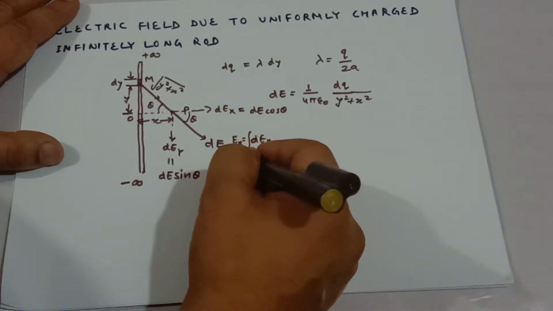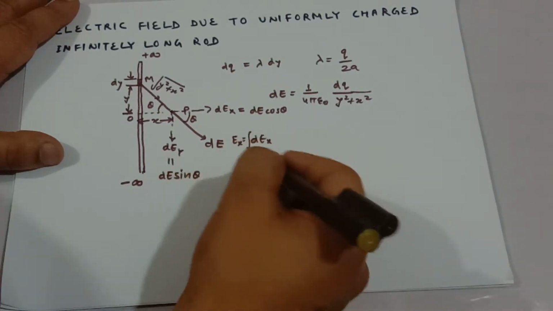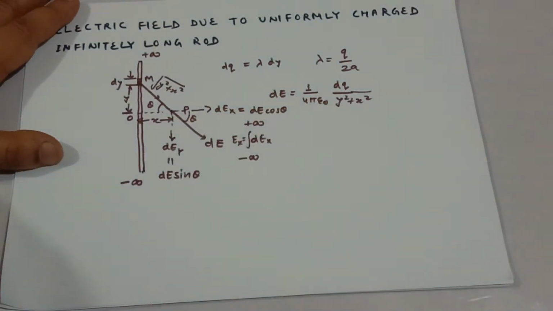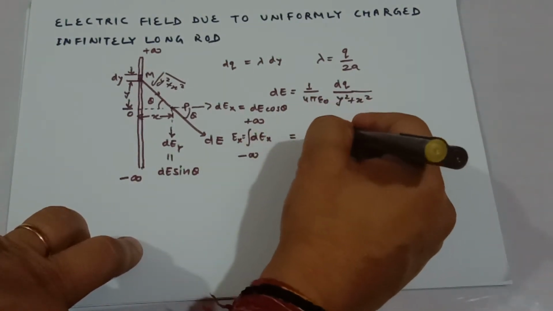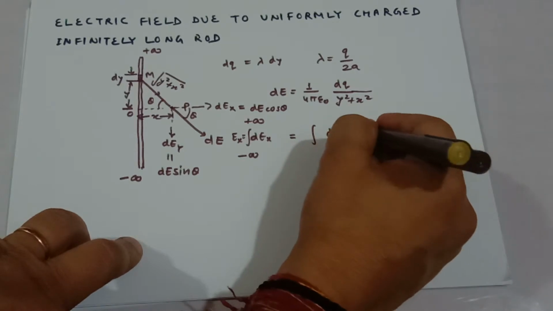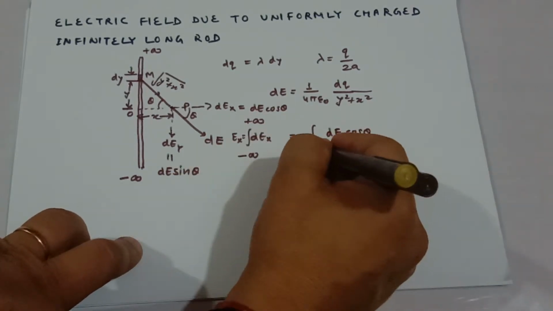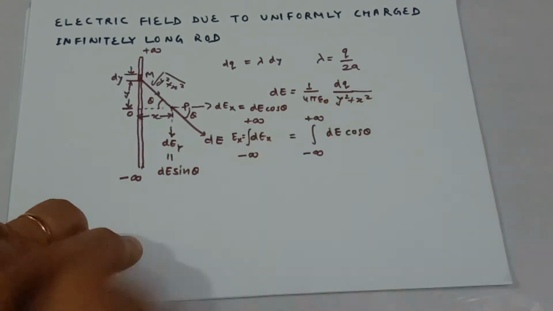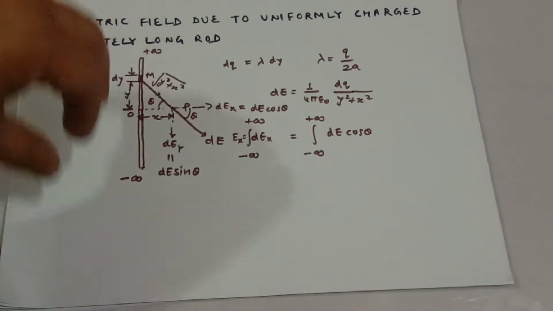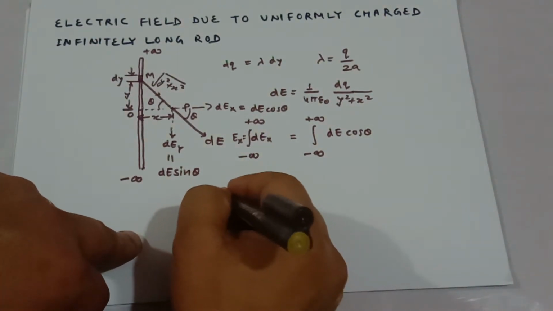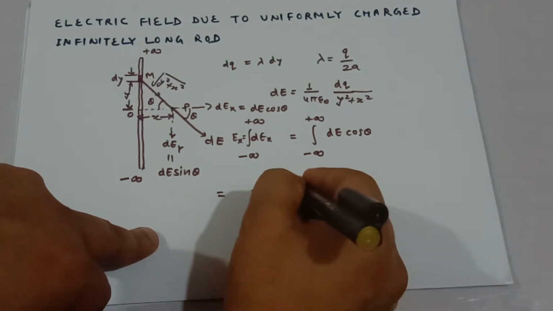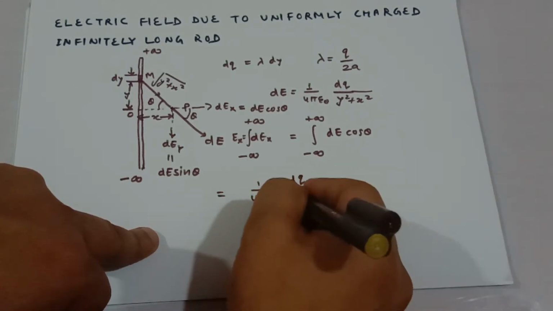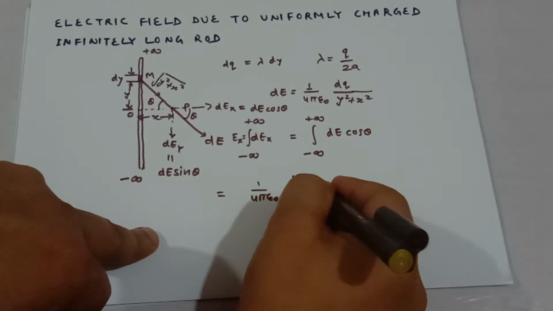So when you integrate, the limit should be from minus infinity to plus infinity, and that could be written as dE into cos theta, with limit from minus infinity to plus infinity. Then we will calculate its electric field, which should be 1 upon 4 pi epsilon naught, dq upon x square plus y square.